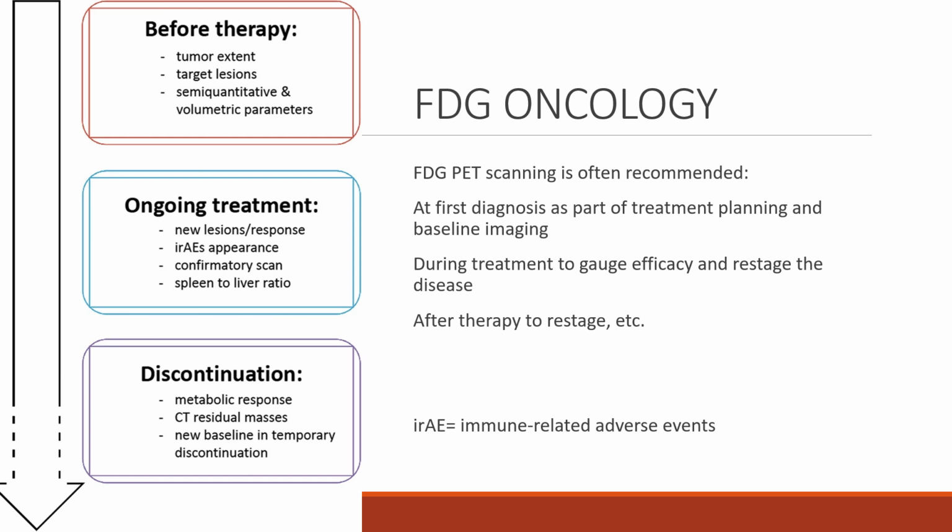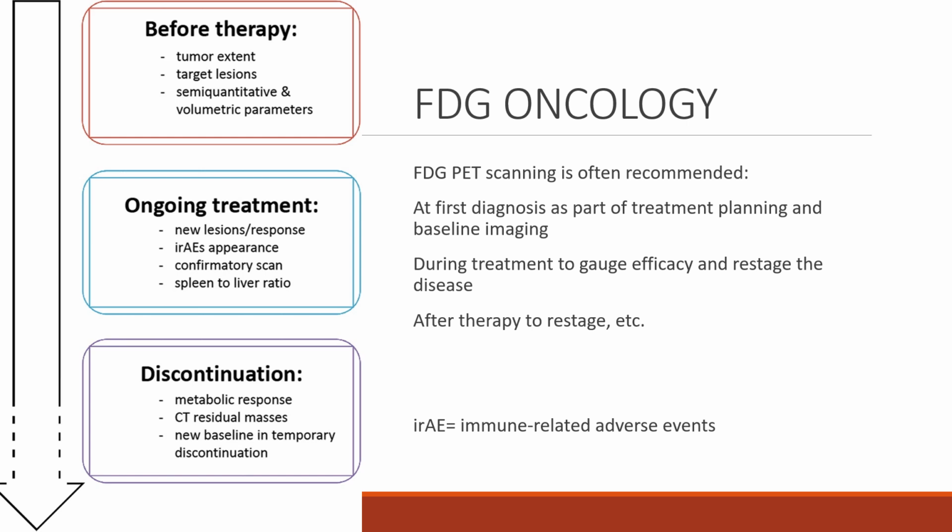It makes a huge impact on the patient's treatment plan, what their FDG study looks like. And then ongoing treatment, new lesion response, seeing how well it has metastasized, or how well it's responding to treatment.